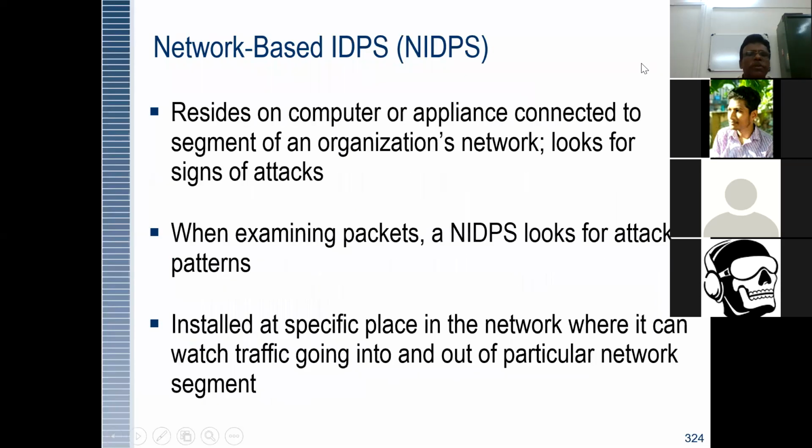See what are the characteristic features of network based. Network based automatically resides in a computer or an appliance connected to the segment of an organization. If your boundary is logically or physically available with the help of a wired network, without wire or wireless, these are significant characteristic features available on the network itself only.